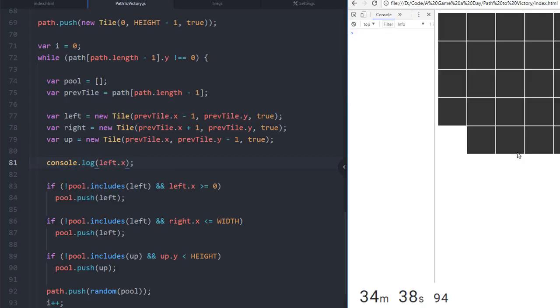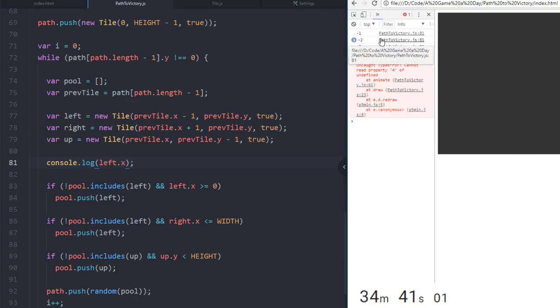Ooh, there we go. And it never goes right. Like to the right, any. It's -1. So this has to be greater than 0. Why is it doing this?